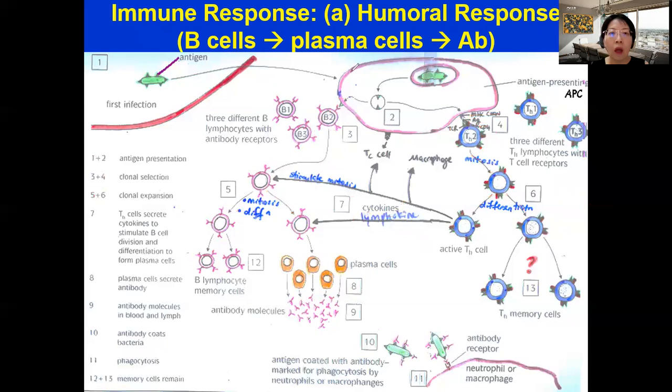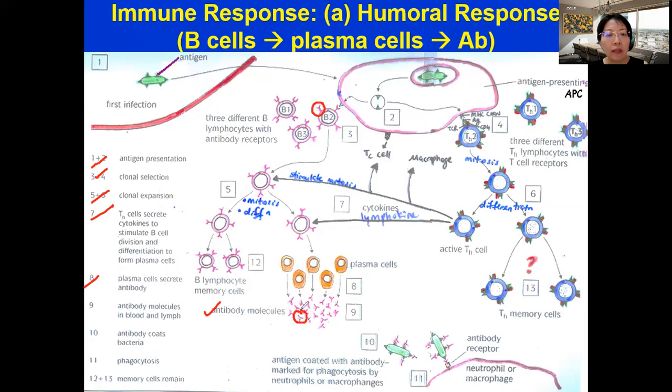Okay. So what happened next? After all this process up to here, once plasma cells are produced, the plasma cell will secrete antibody. Can you see the antibody molecule looks similar to the shape of the receptor? This is the antibody molecule.